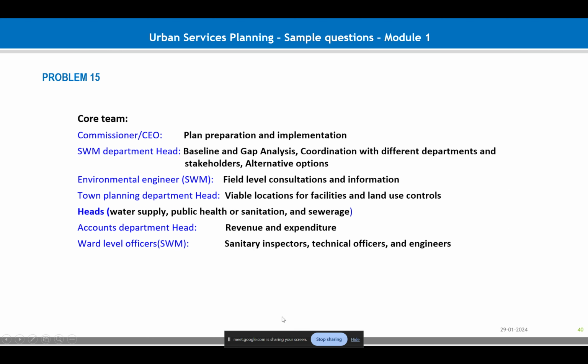So this is what we discussed in our lecture; it is directly taken from the lecture. It's the responsibility of the CEO to prepare plans and implement them, and then we have other engineers or the town planning department head, by local facilities. So all this, right.